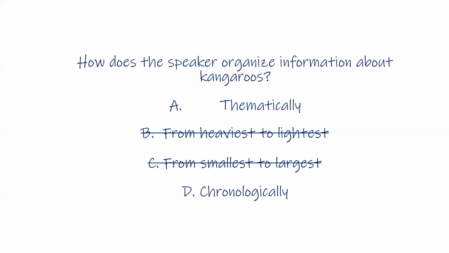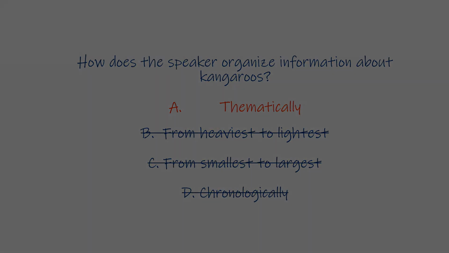Chronologically relates to date and time, so we can rule that out. There are no dates in this listening. Our answer is A, thematically. The kangaroo information is based on the types of kangaroo, on the subject matter. Great, so now you know what organization questions are, how they appear in TOEFL IBT, and a little technique to answer them.